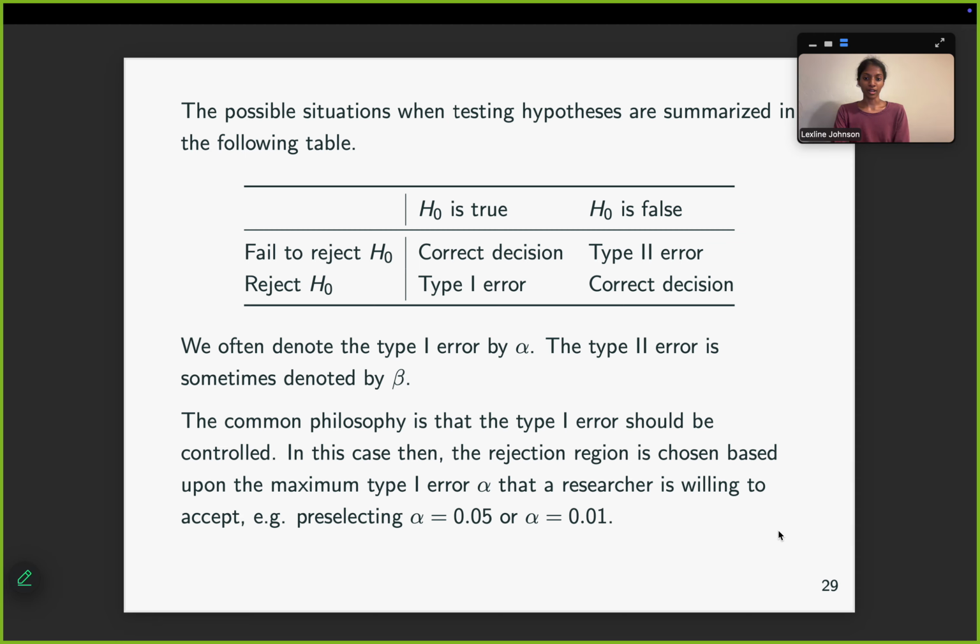In common philosophy, we want to control our type 1 error, so we can do this by just making our significance value alpha smaller. So oftentimes we'll use 5%, sometimes 1%, sometimes 10%, but usually we want to make it really small just so that we reduce the chance of getting a type 1 error.